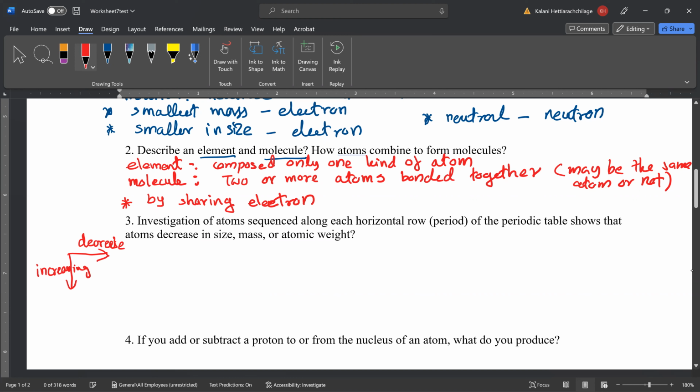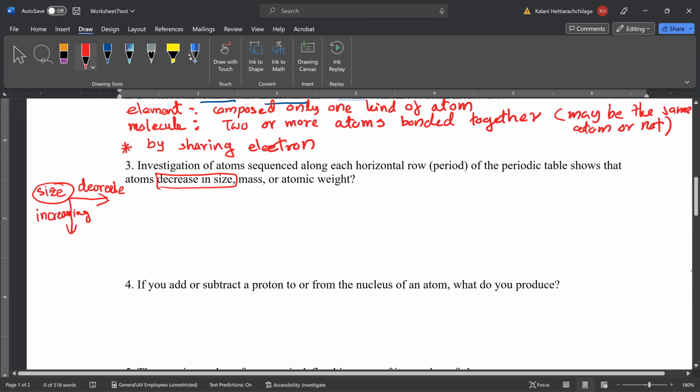That's the usual pattern for atomic size. But the mass keeps increasing when you go to the right, and also increasing when you go down. And atomic weight is again a mass, so it will also increase in both directions. But investigating the atoms within the horizontal row, the periodic table shows that the atoms decrease in size. The other two both increase going to the right and down.